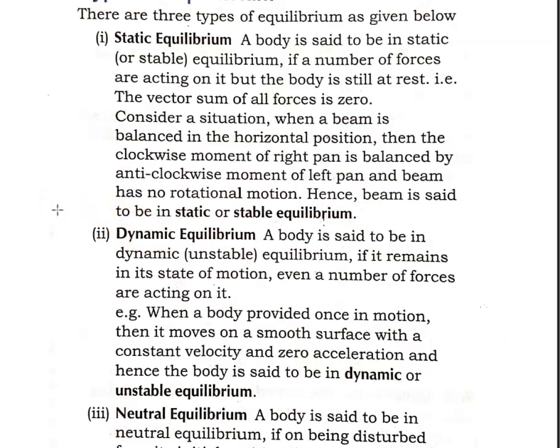The main difference between static and dynamic is that in static, there are a number of forces acting on the object, still it is at rest. In dynamic equilibrium, there are a number of forces acting on the object, and it is in a state of uniform motion.